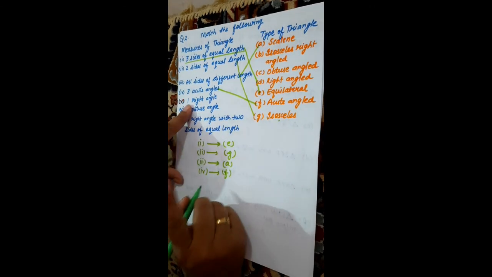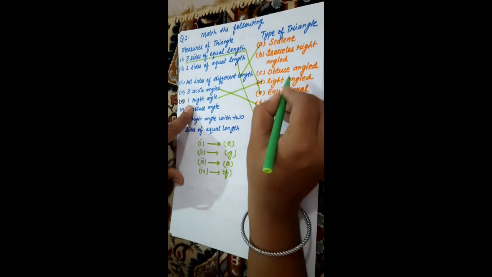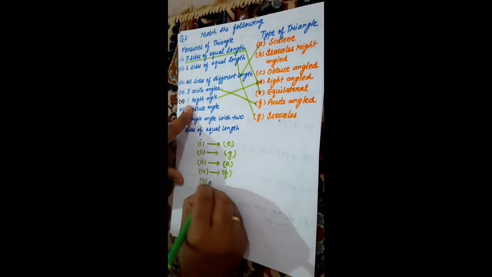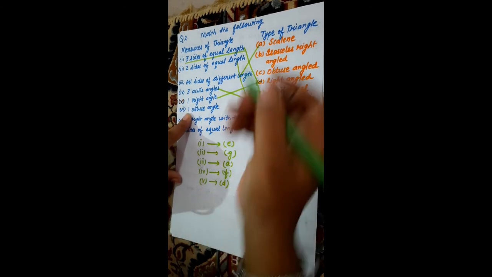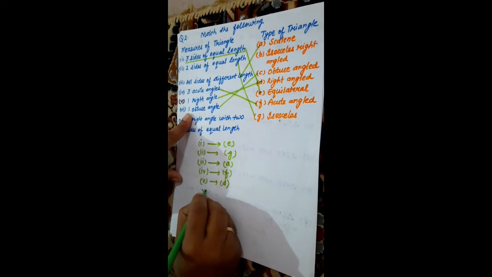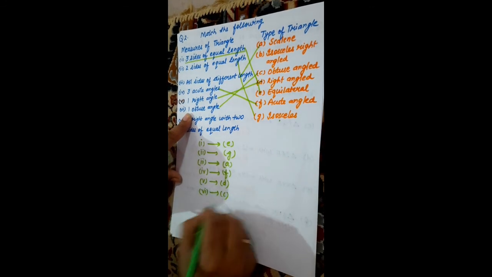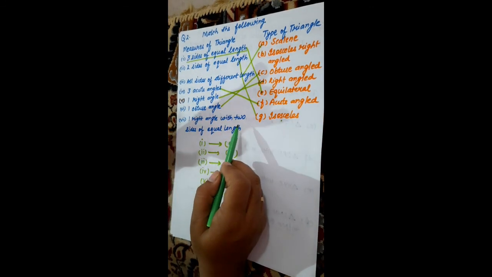Then next you have one right angle. If you have one right angle, so this is your right angled triangle. So fifth you have D part. The next one, obtuse angle. So it is clear this is an obtuse angled triangle. So sixth is your C part. And seventh is one right angle with two sides of equal length.